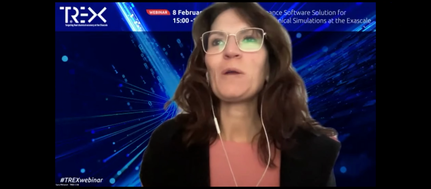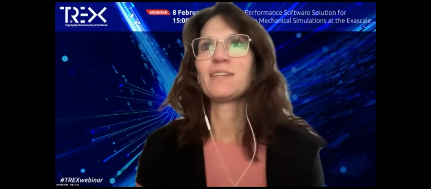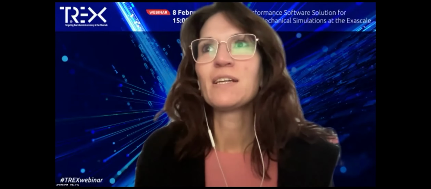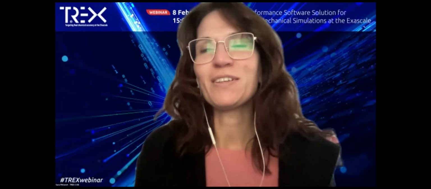So while we get ready for the second part, I'd like to take the question that Max Wilson asked to all our speakers. So it's a general question. Where do you see the largest potential improvements when scaling to Exascale? There is then a longer description.